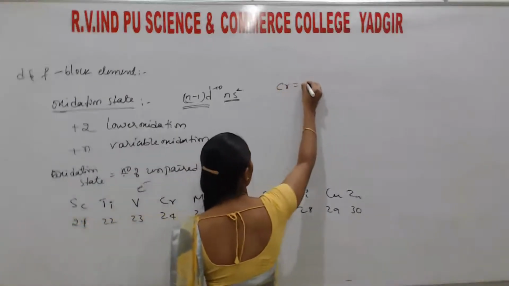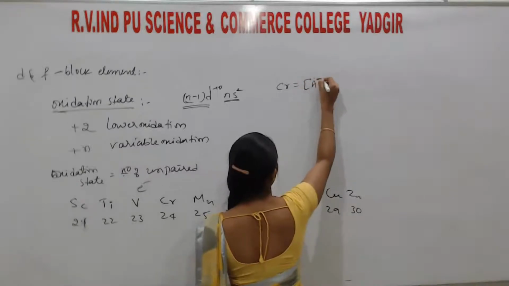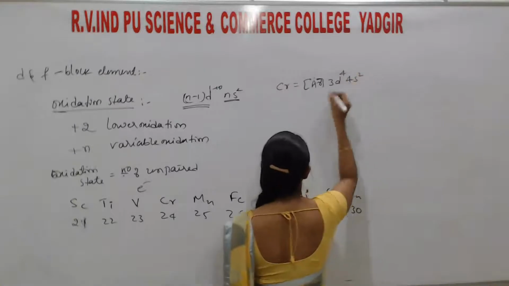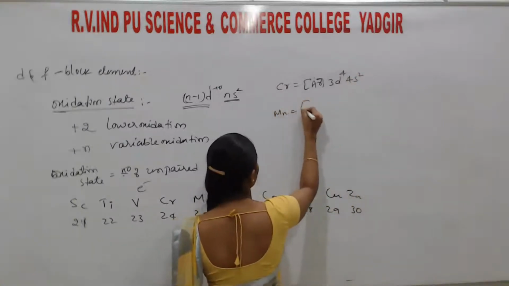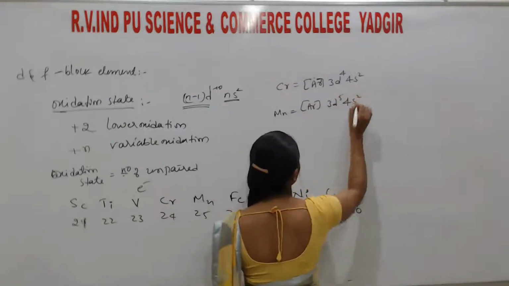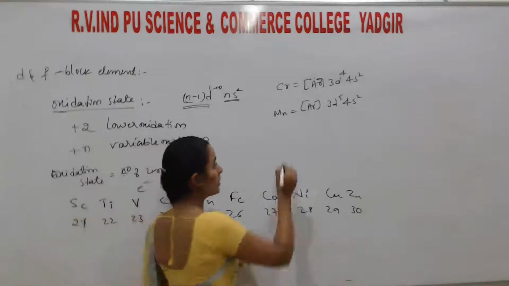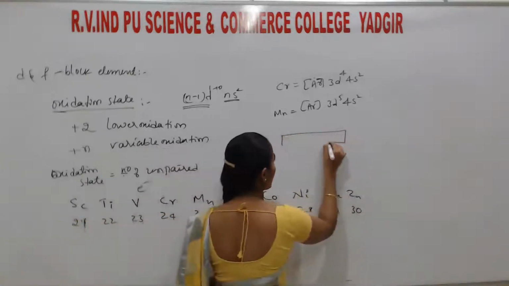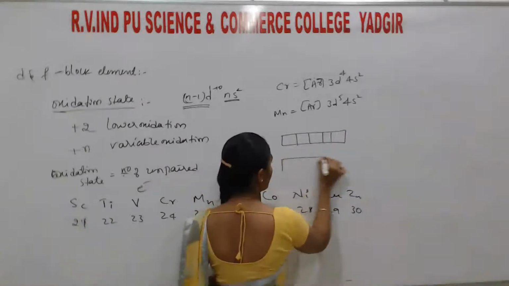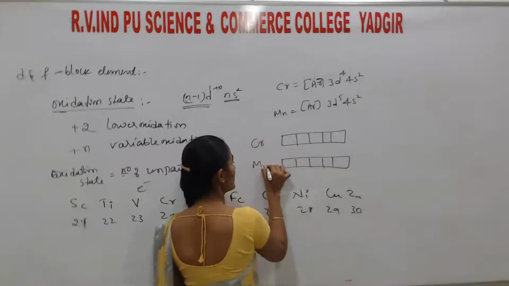Chromium is 24 with configuration Ar 3d4 4s2, and this manganese is Ar 3d5 4s2. Two configurations are there, I will consider them. So listen, for the chromium box diagram I will take 1, 2, 3, 4, 5, and this one is manganese, 1, 2, 3, 4. This is chromium, this is manganese.